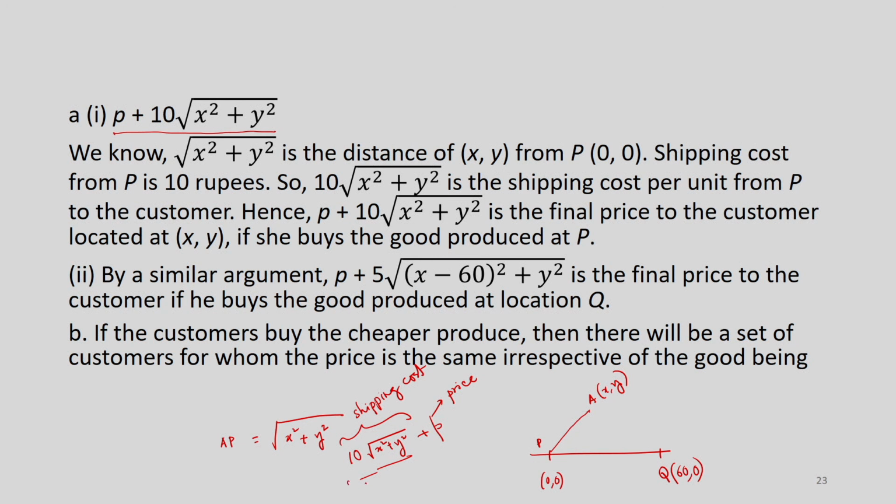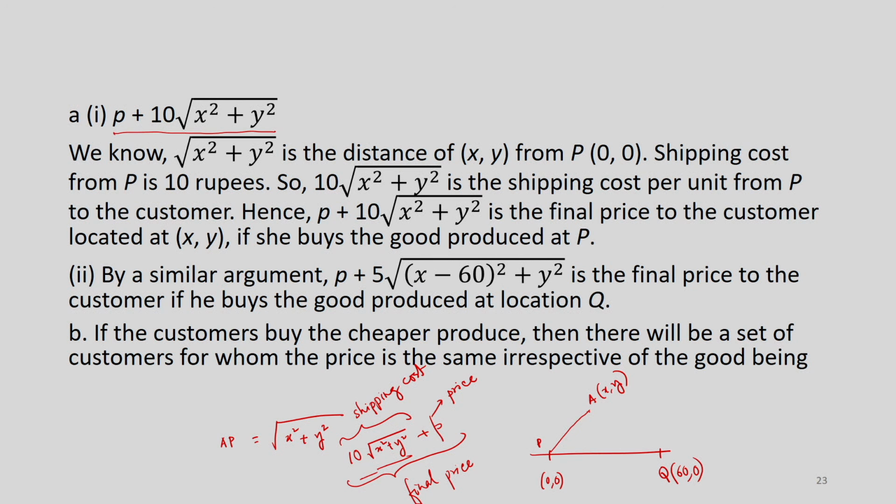So, this is the final price that any customer will have to pay for a unit of that good if he is located at A and if he is buying the good which is produced at P. So, that is the economic interpretation.